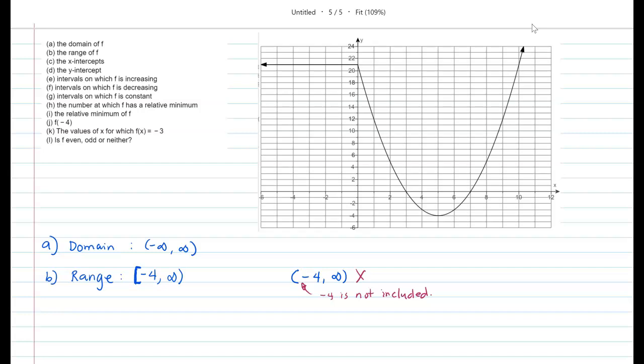All right, so next, let's determine the x-intercept. X-intercept, meaning the intersection at the x-axis. So you identify where your graph would cross the x-axis. So letter C, x-intercepts.